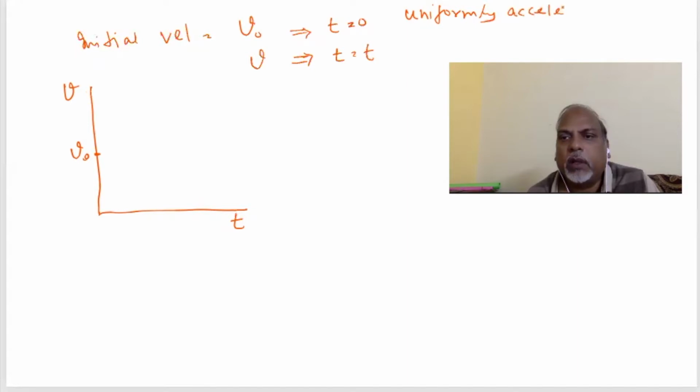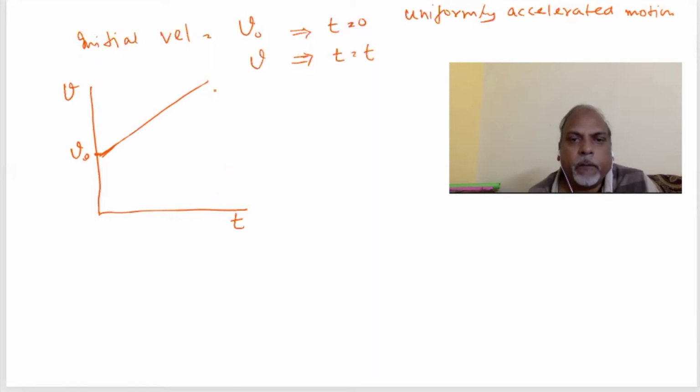That means your velocity is increasing uniformly like this.